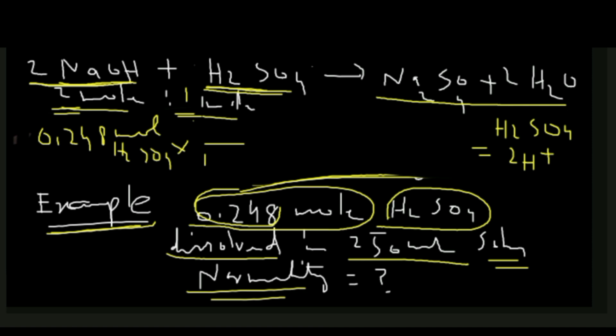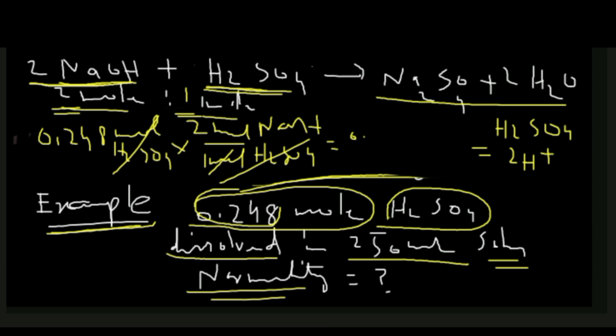So we can write that 1 mole of H2SO4 will react with 2 mole of NaOH. The mole of sulfuric acid will be cancelled, and we get 0.248 into 2 mole of NaOH.